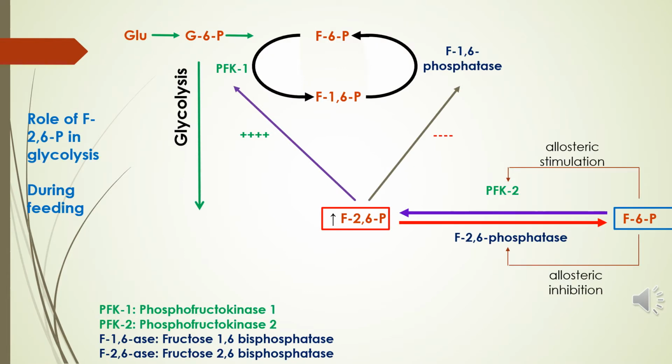So the question now is, what is the fructose 2,6 bisphosphate? Fructose 2,6 bisphosphate is a metabolite formed by the enzyme phosphofructokinase 2 from fructose 6-phosphate during glycolysis.